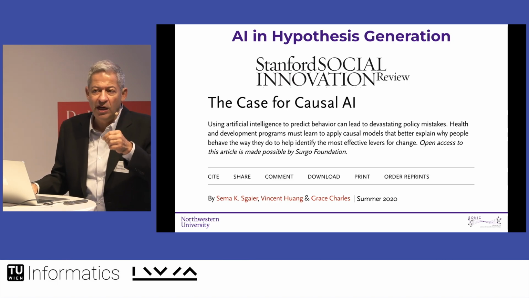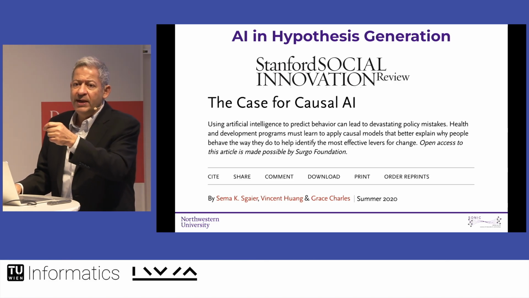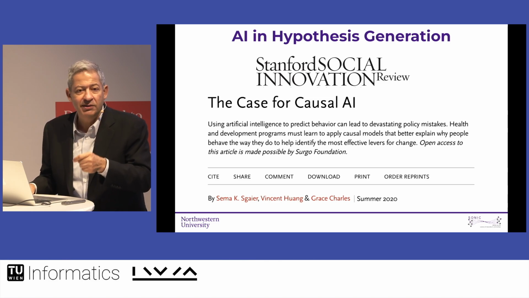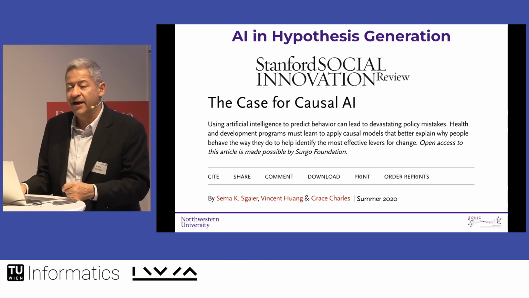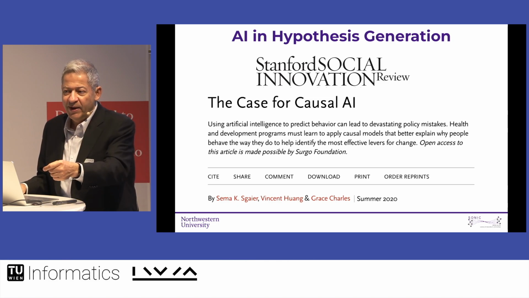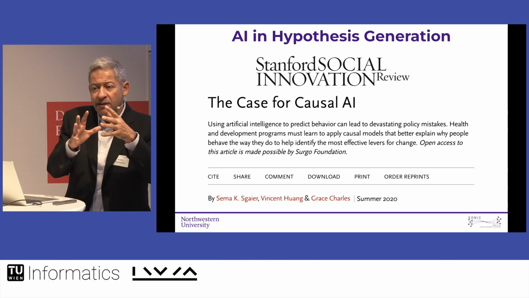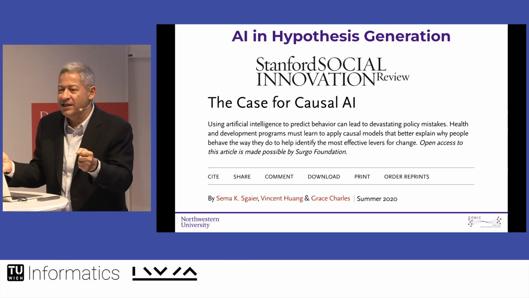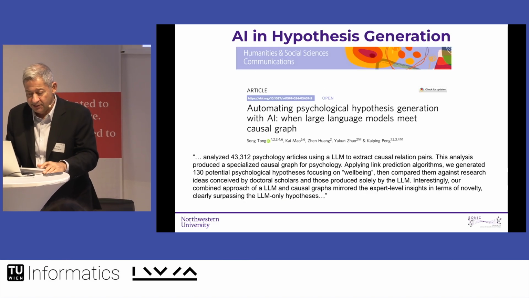It points out that a lot of the ways in which we use predictions made by AI to intervene in policies actually get it absolutely wrong, such as trying to understand the effect of healthcare costs upon future ways in which people get treatment. It turns out that the effects are exactly the opposite amongst whites as opposed to African Americans. And that's not something you can tease out by just looking at prediction models.